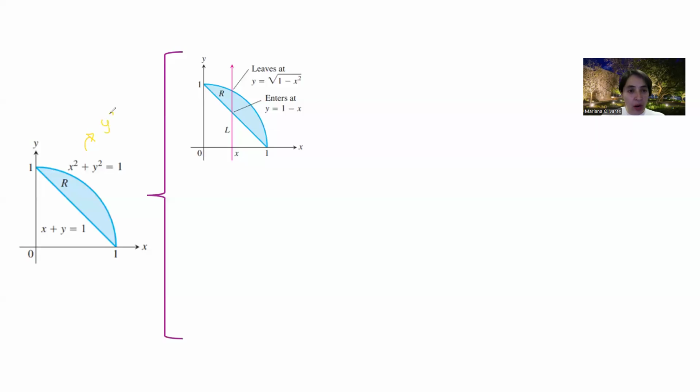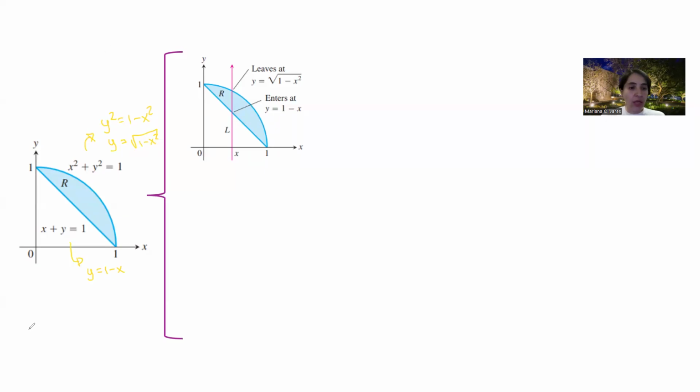So basically, y squared has to be 1 minus x squared, so y has to be the square root of 1 minus x squared. And same thing here. If we are trying to provide an integral starting with y, we have to get an expression for y. So y has to be 1 minus x. And with that, we can get both of these expressions that we have here.